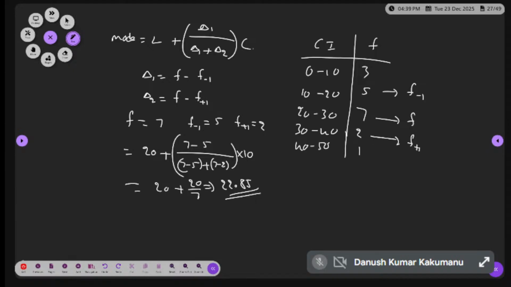Mode of what? Grouped data or ungrouped data? Grouped data. Do all of you understand mean, squared, variance, standard deviation, median, mode of ungrouped and grouped data? Remember all the formulas also. What is the relation between mean, mode, median? Mode is equal to 3 median minus 2 mean.